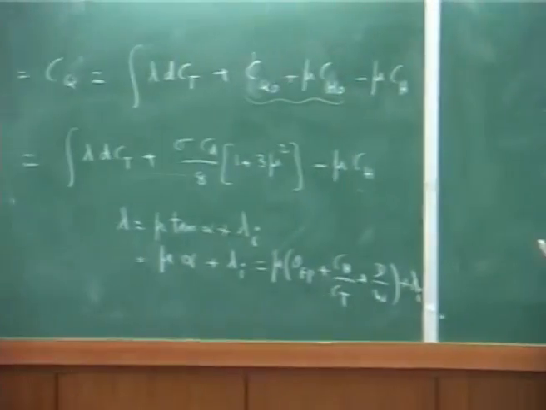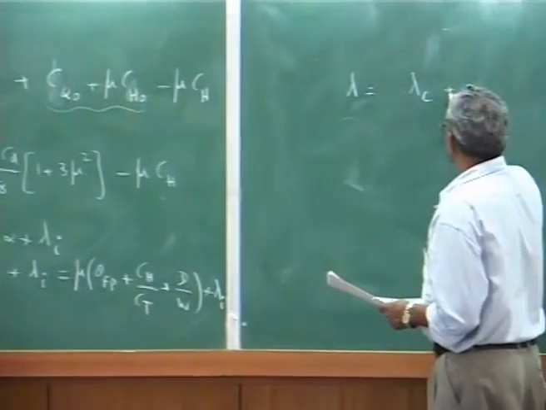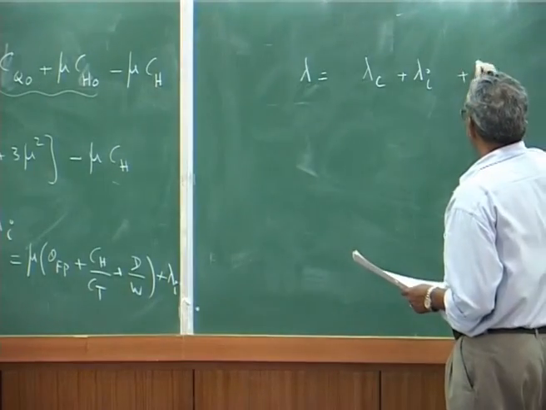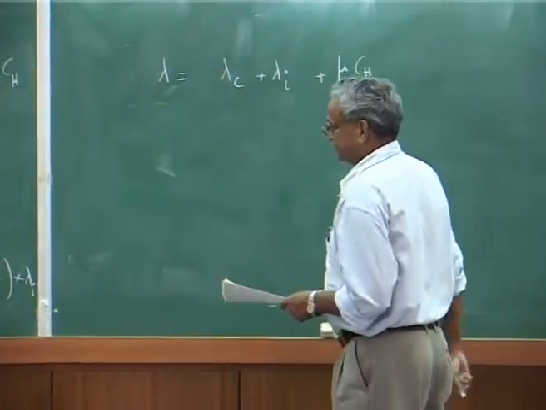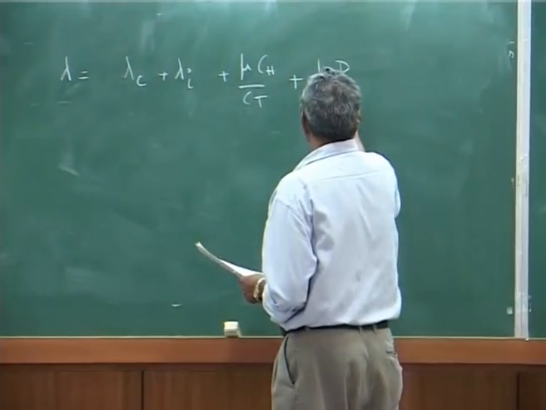So, that will become lambda c plus lambda I, then plus mu C h over C t plus mu D over W.